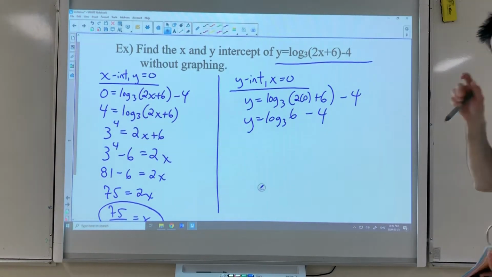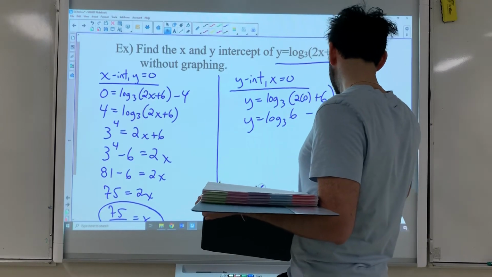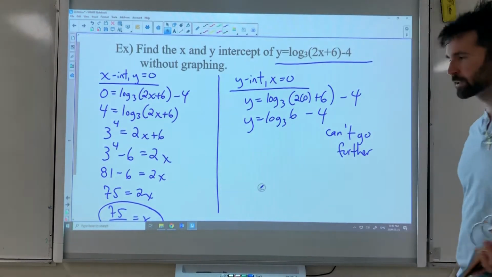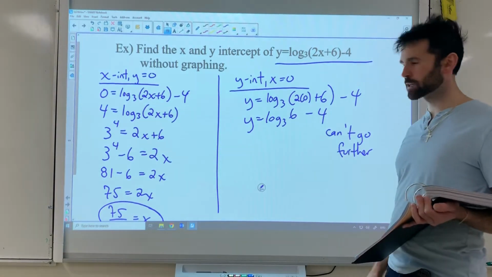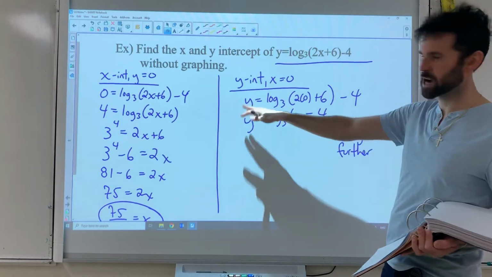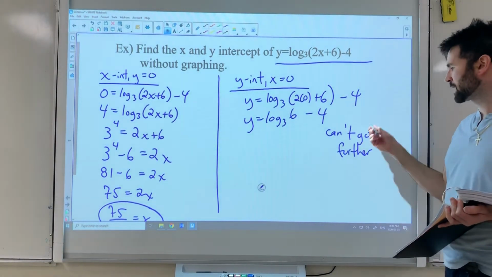And again, you can't go further without some kind of technology to help me out here, right? I can't write it into exponential form, because I'd have to move the 4 over here, and then I have 3 to the power of y plus 4 equals 6. It's going to be a nightmare. So can't go any further.